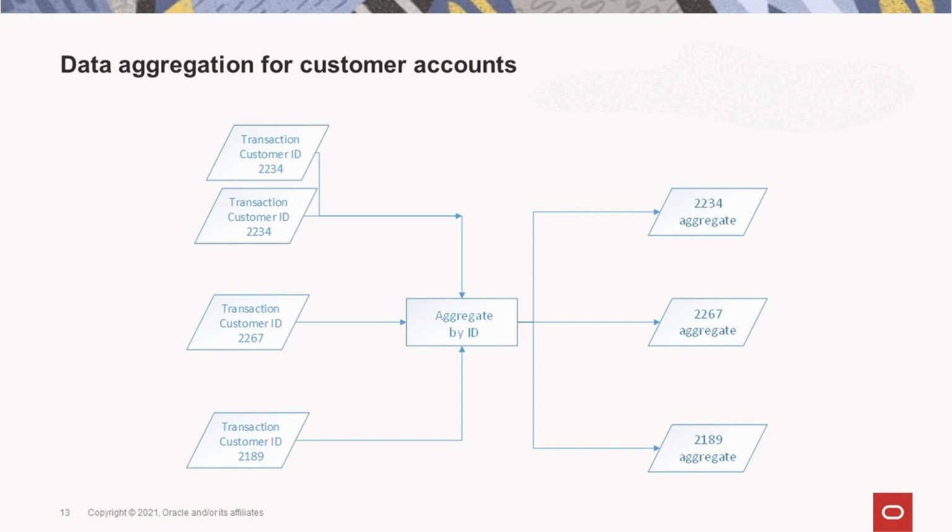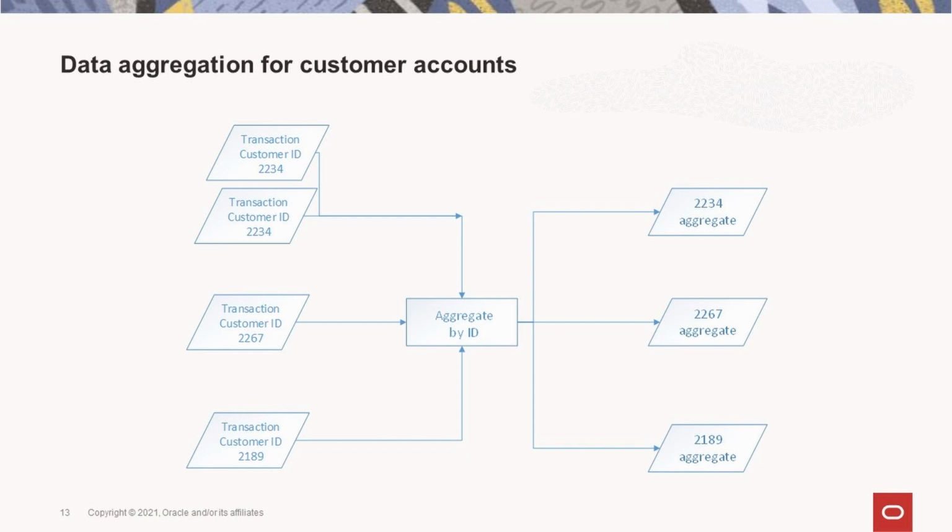Given that, what we do is aggregate. For example, these 2 transactions got aggregated into a single summation for customer 2234, and so on. Same thing for all the other customers. So in the end, we have one aggregate for each customer ID. That is our input data.